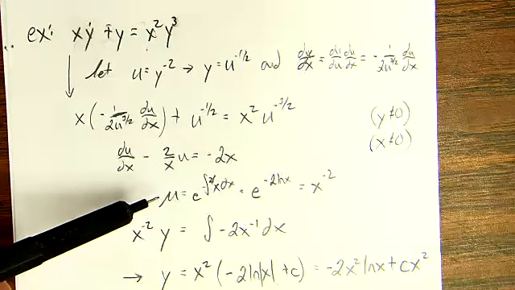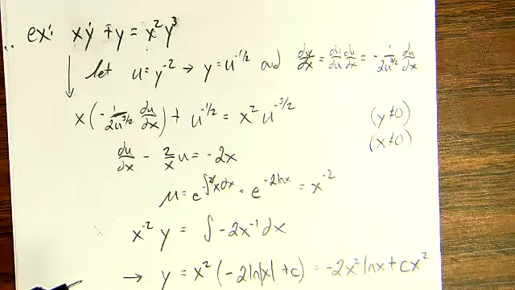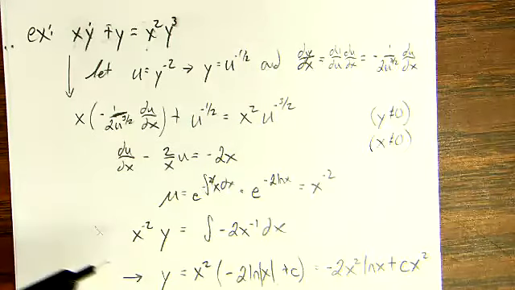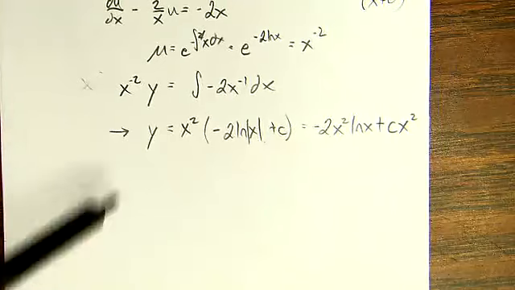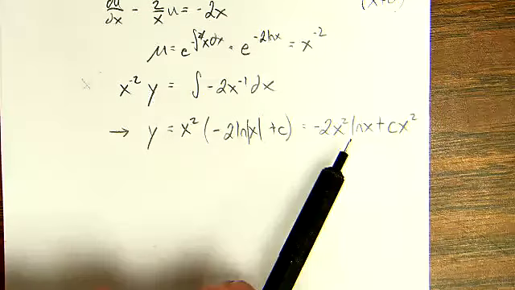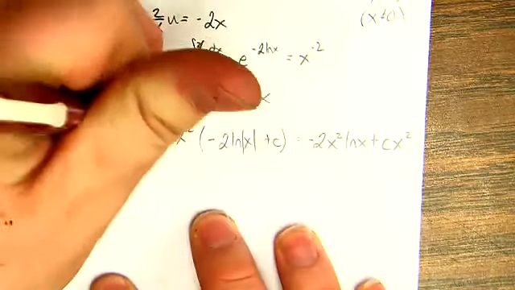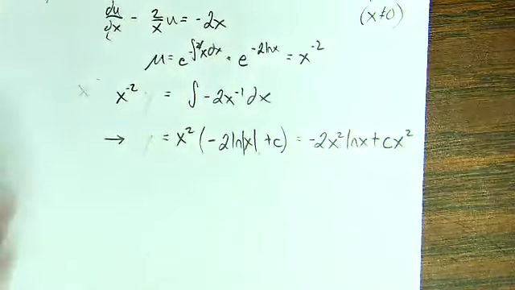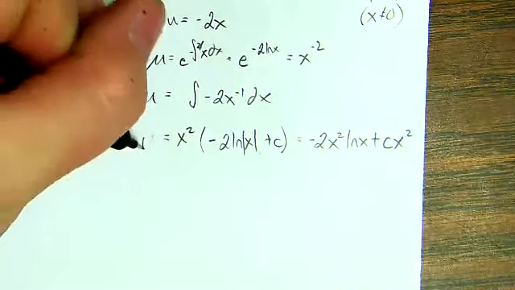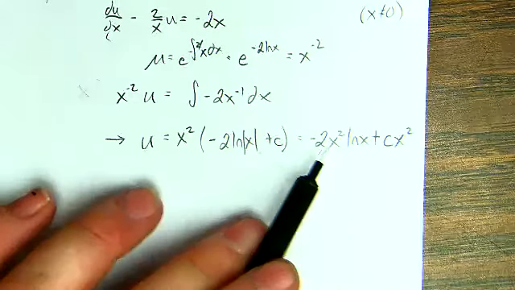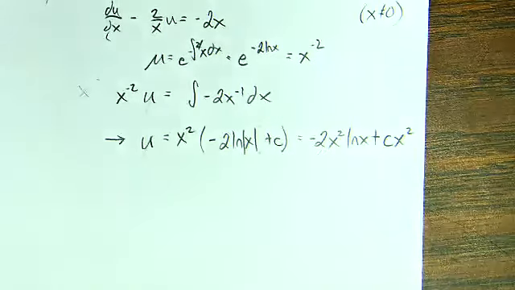I can solve this using an integrating factor, multiplying everything by x to the -2, and then integrating both sides as we've been doing. We end up with u equals -2x squared natural log x plus c x squared.